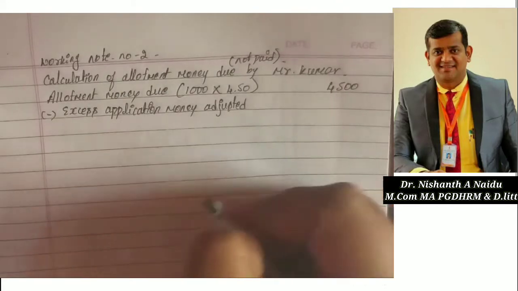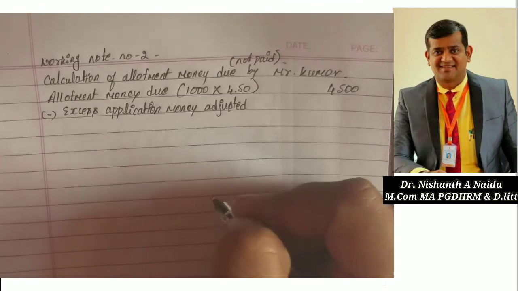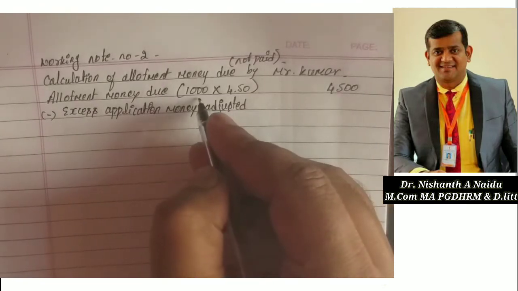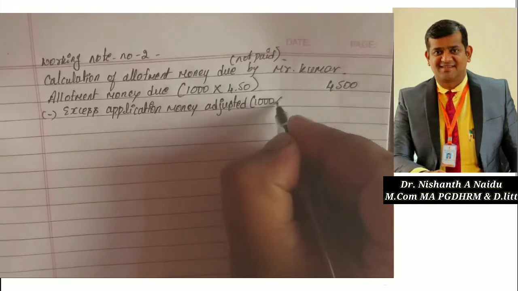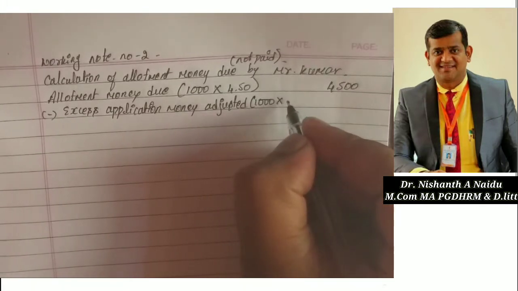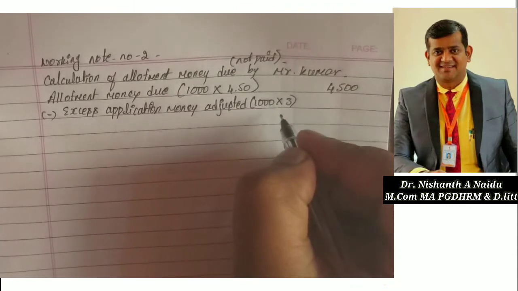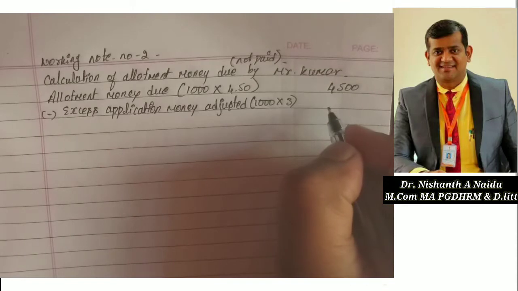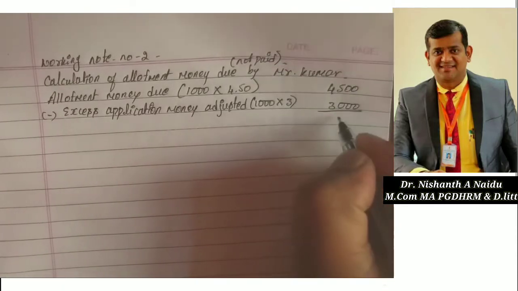Excess application money means Mr. Kumar applied for how many shares? 2000. We have allotted him 1000. So he has paid on 1000 shares at rupees 3. 3 is the application money, correct? So 1000 into 3, how much? 3000 rupees. Now deduct.